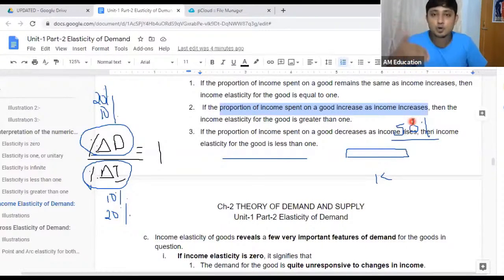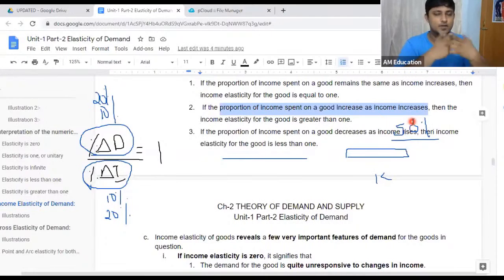An example he gave is luxury goods: the more your income increases, the more of that luxury good you want. Assume your sneakers, shoes, right?